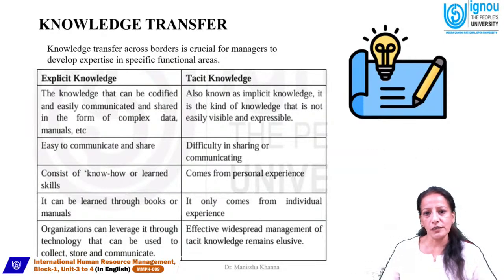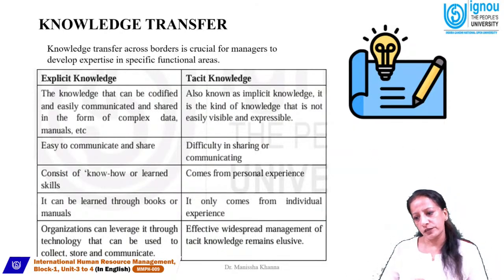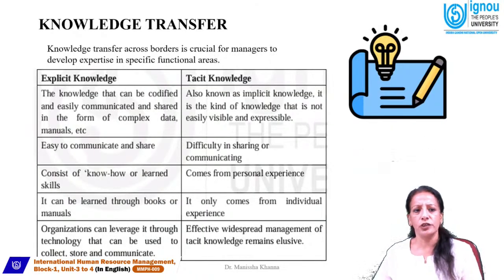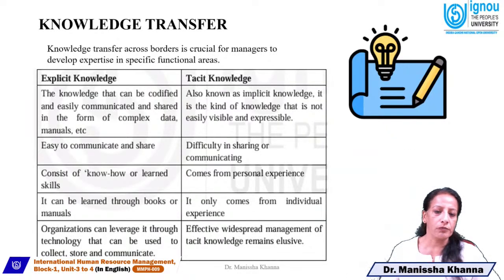So, explicit knowledge and implicit knowledge transfer is equally important. Initially, when the processes are at the starting stage, explicit knowledge is required, but during the execution, the implicit knowledge transfer is very important.